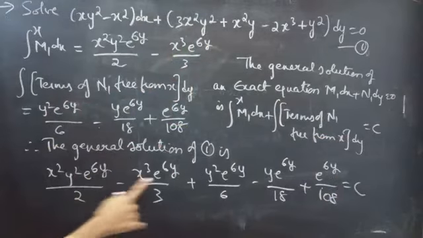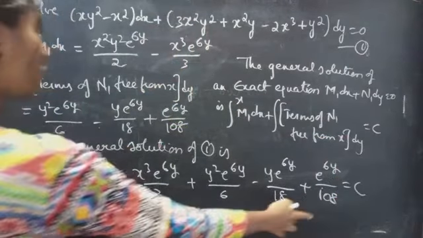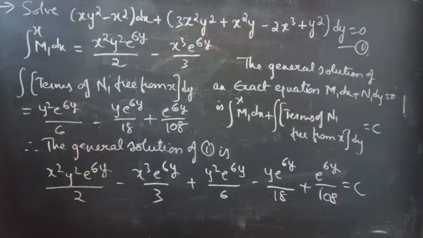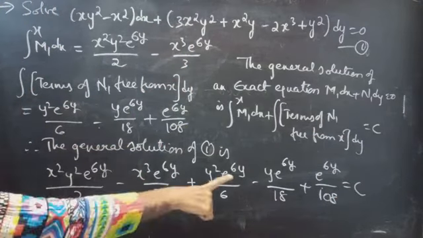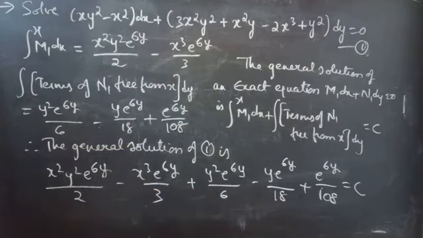We have e power 6y in all these 5 terms, so we can take e power 6y common from the LHS.